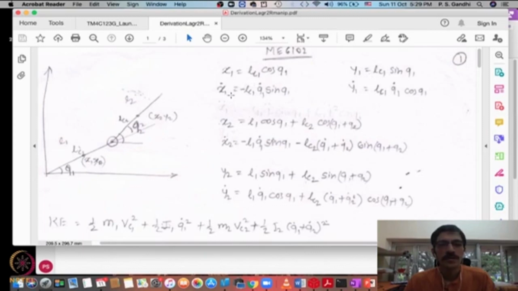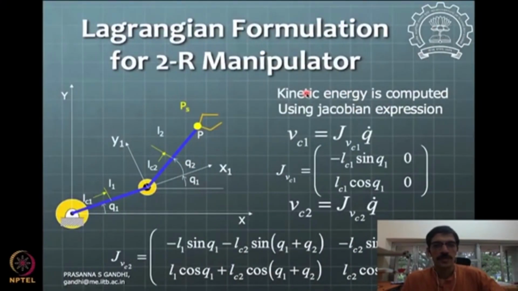Differentiation of that will give you x1 dot, y1 dot and x2 dot, y2 dot. You take q1 dot out of these, and q2 dot is not there in the x1 case, so those terms will be 0, and you can form this Jacobian matrix as we have seen in the last part.